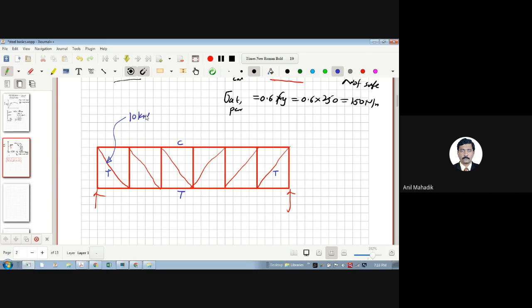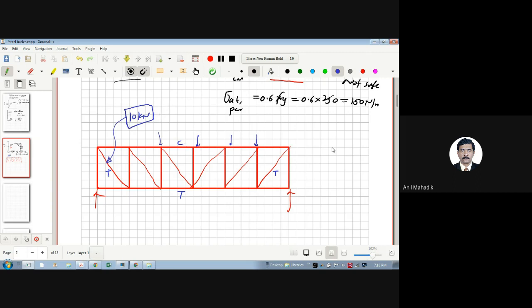Once you know the tension, how can you design the member? I have analyzed the truss for vertical loads as per code, and I got the tension in this diagonal member as 10 kilonewton. I'm asking you to design this member.